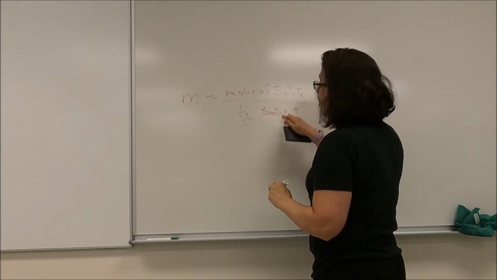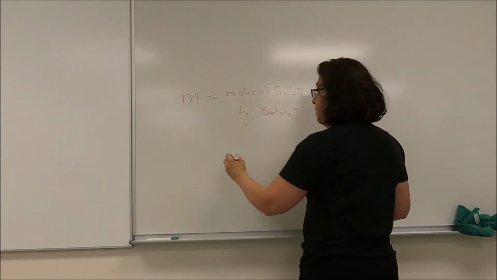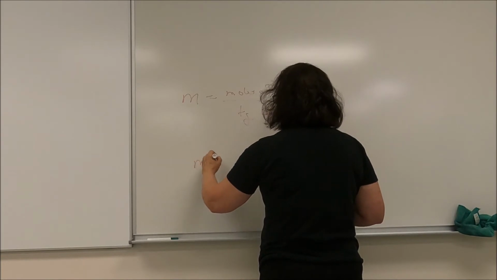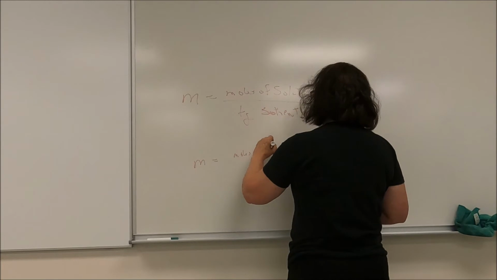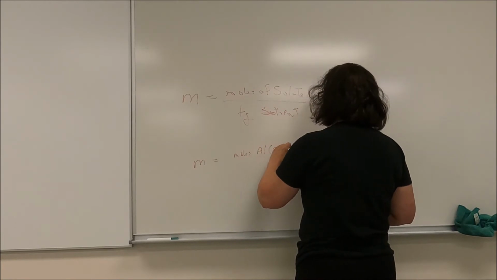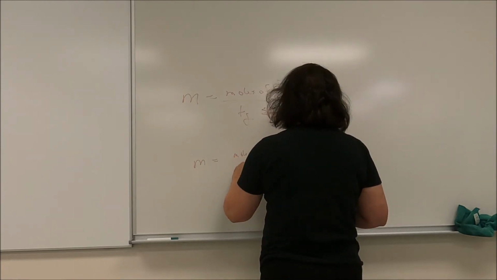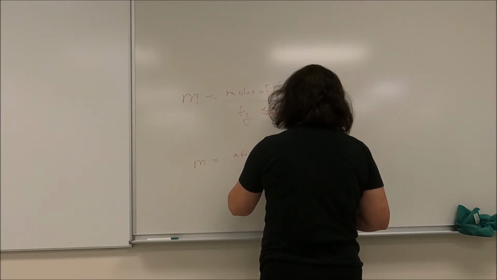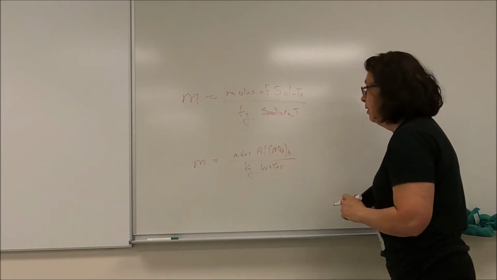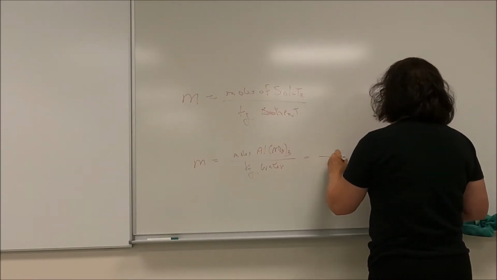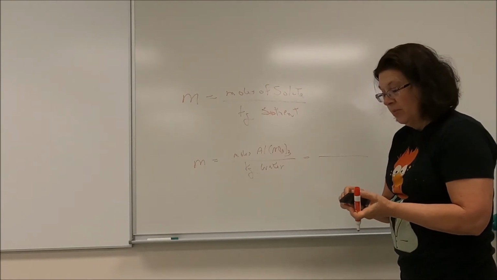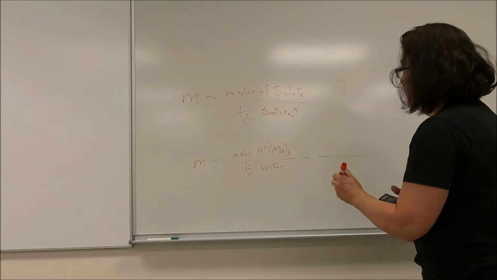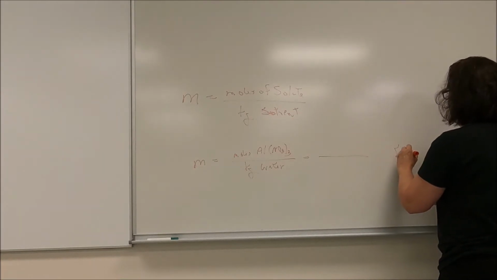Now, your solute is your aluminum nitrate. So your molality is going to be moles of aluminum nitrate over kilograms of water. Well, in all of your cases, your kilograms of water is going to be the difference. I'm going to just give you an example here.